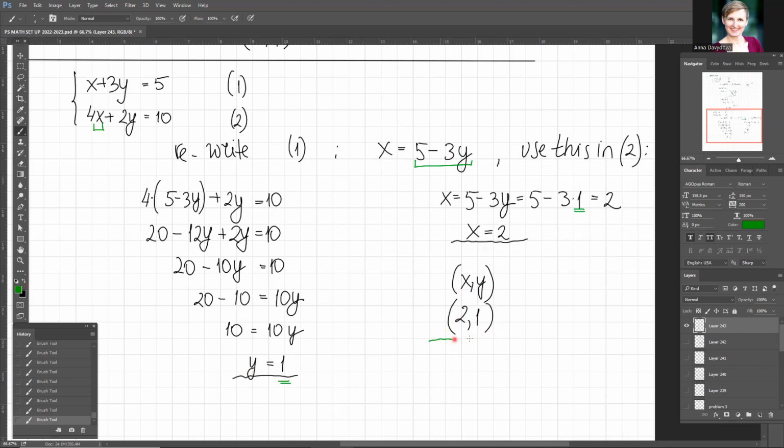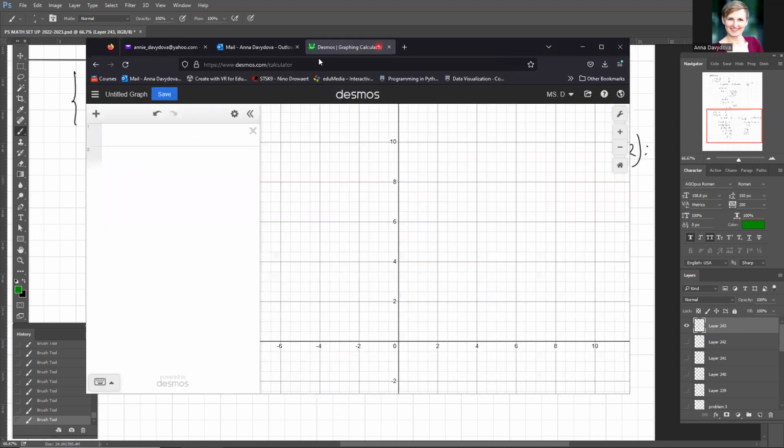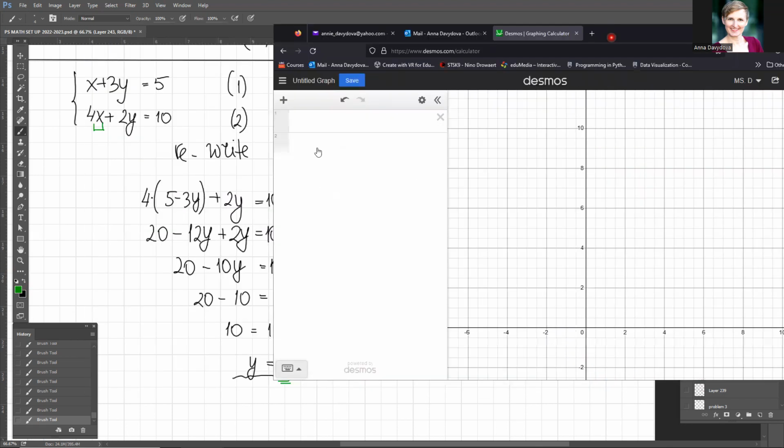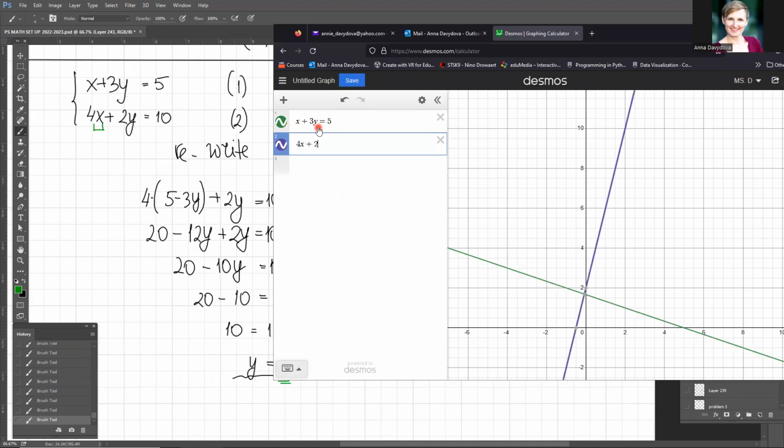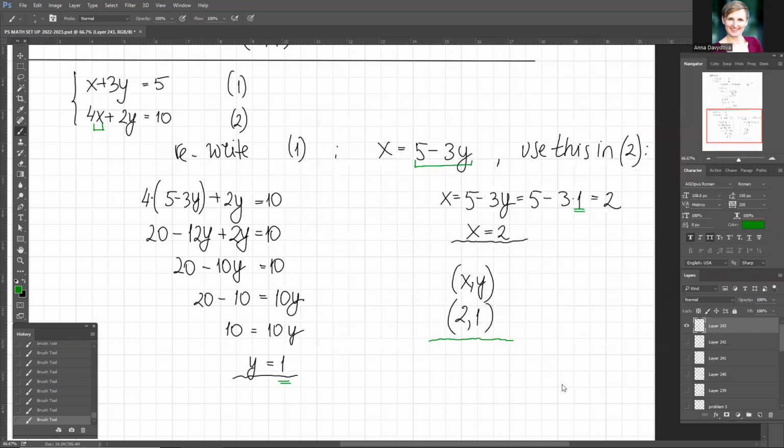And I can confirm my findings by graphing both equations in Desmos. So that's my point of intersection, 2, 1. Exactly as we found it.